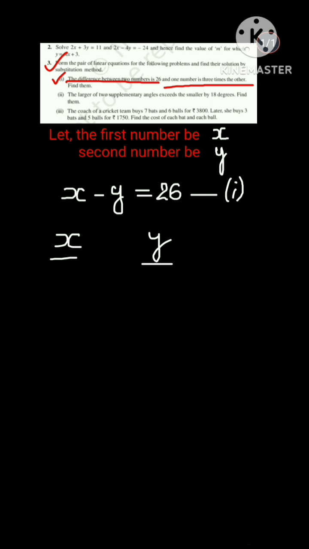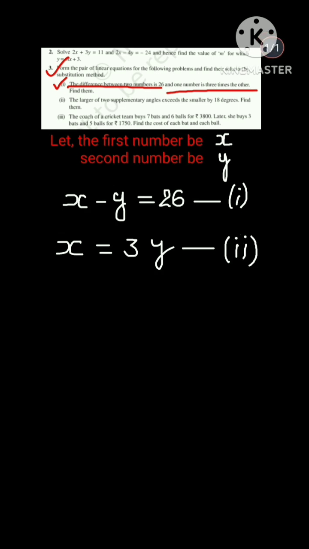So to make these two equal, we need to multiply y by 3. In this way we have made our second equation. This is our second equation. Okay students, in this way we have made a pair of linear equations.